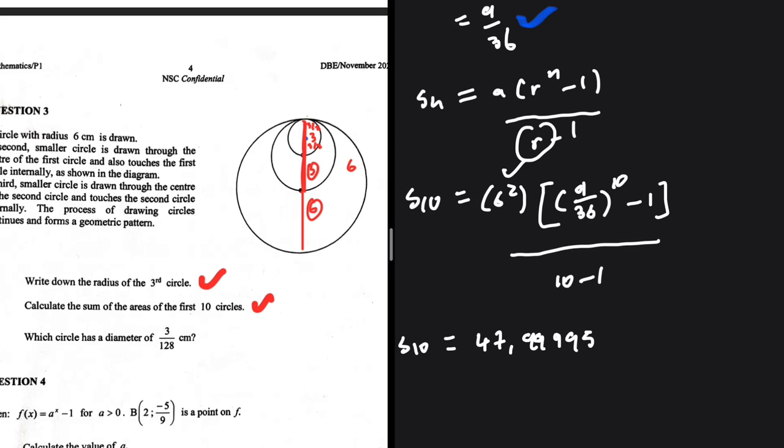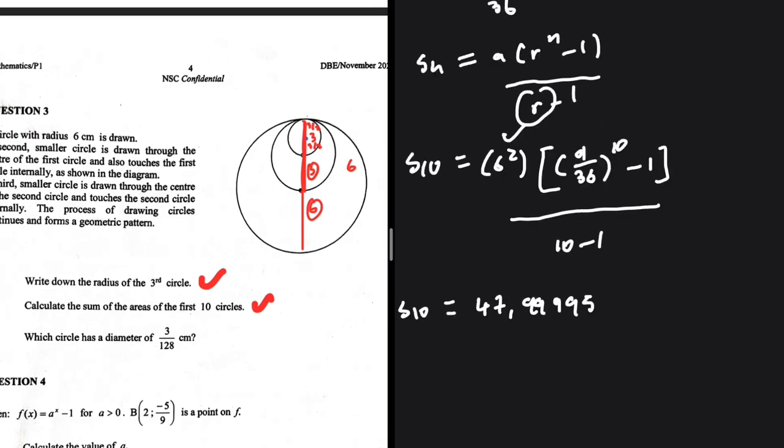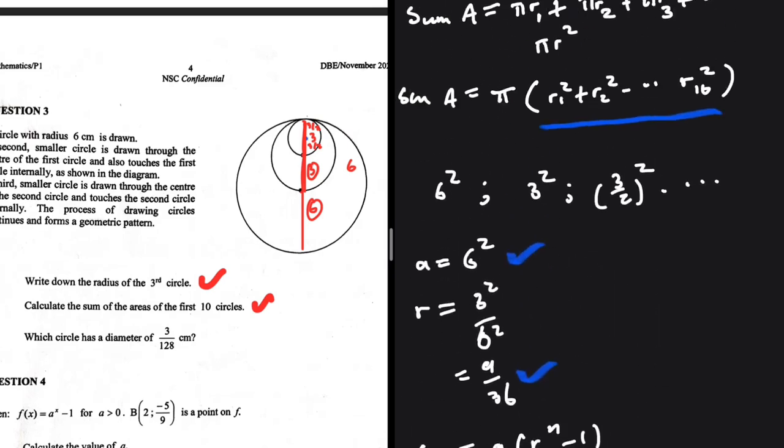Okay, and then let me open the instructions on the question paper and see if I can round off to 2 decimal places. Answer all the questions, number the questions correctly. If necessary, round off to 2 decimal places unless stated otherwise. Okay, so I can round off to 2 decimal places. So that is S10, this entire thing.